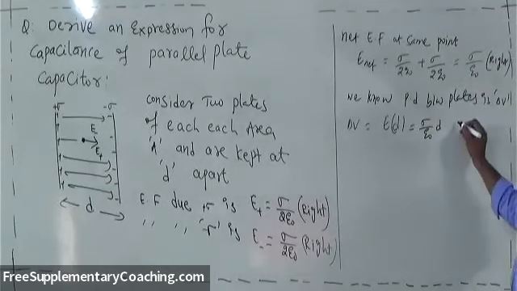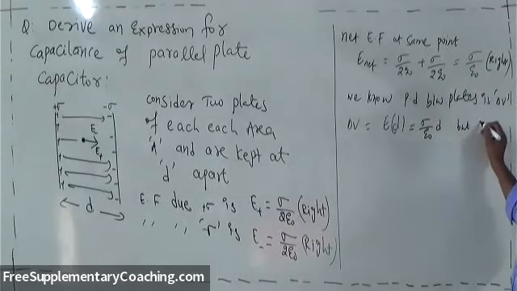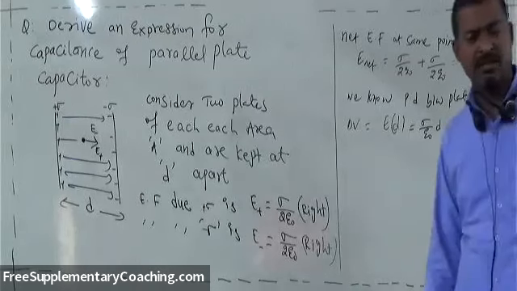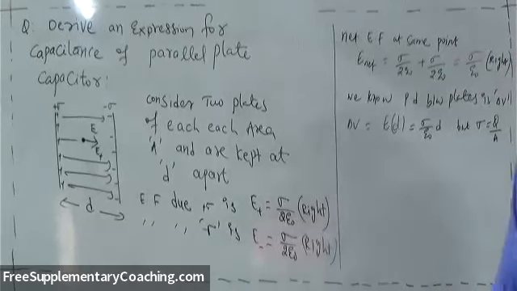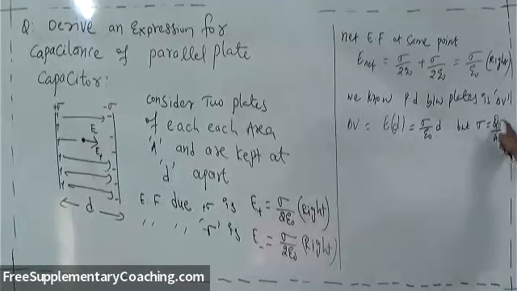So from here I can write, sigma is Q by A, charge per unit area, where A is the area of each plate, and Q is the charge on each plate. So sigma is equal to Q by A, and here we will put sigma as Q by A epsilon naught.